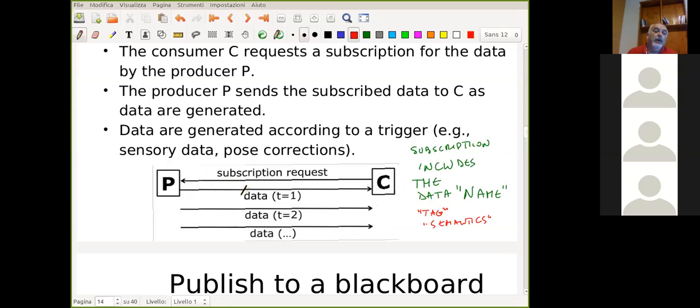The idea is that all data produced by P are sequenced, so they are enqueued. You have a queue of all data produced. They can be at strict timing or randomly generated in time, but that doesn't matter. The idea is that all data generated are consumed.